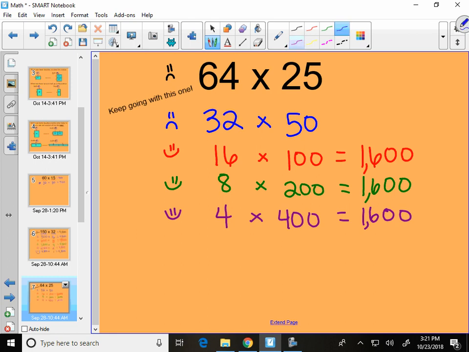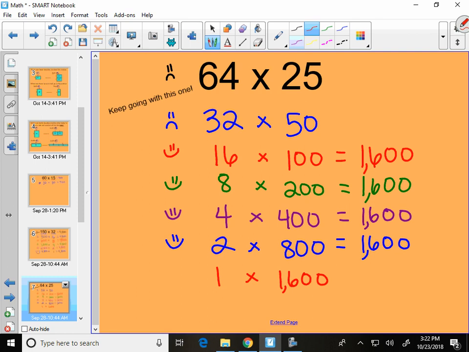And just to be ridiculous, I could keep going. If you double one of the numbers and cut the other number in half, though it looks different, it's really not any different. This one's great as well. And I could keep going if I wanted to. If you double one number and cut the other number in half, this one's super easy. No matter what, you will get the same answer.